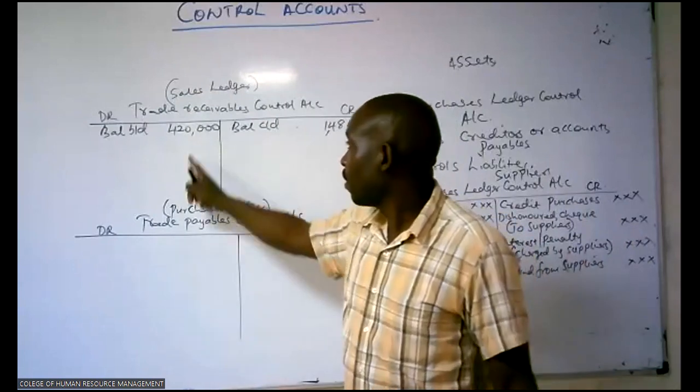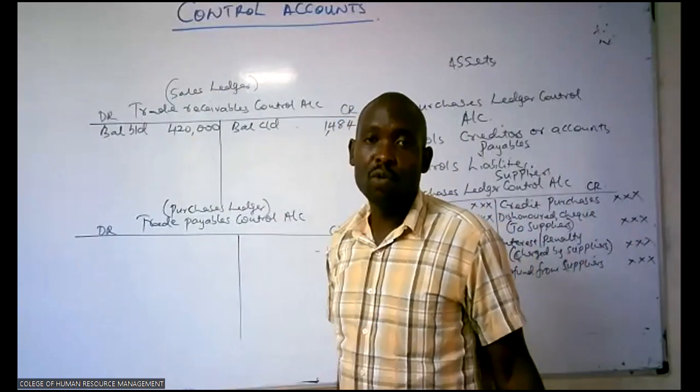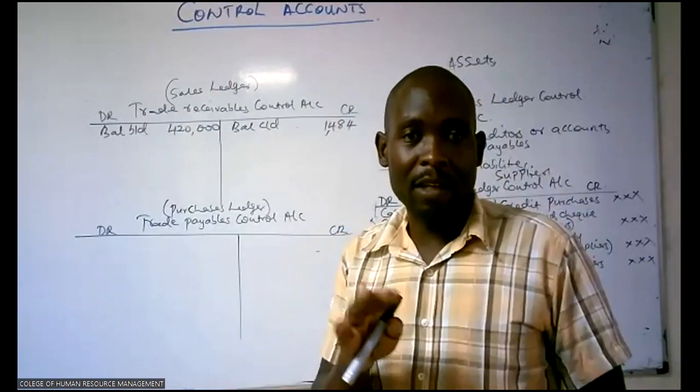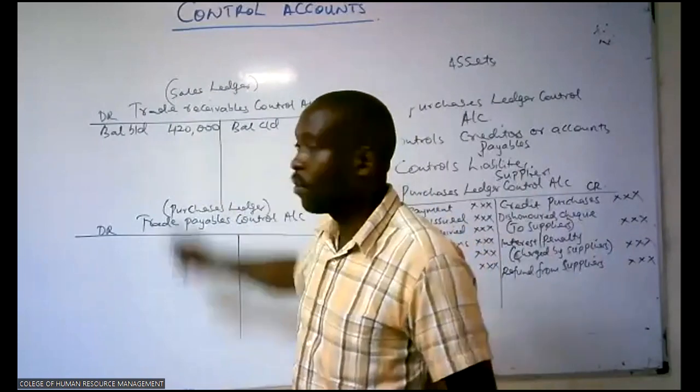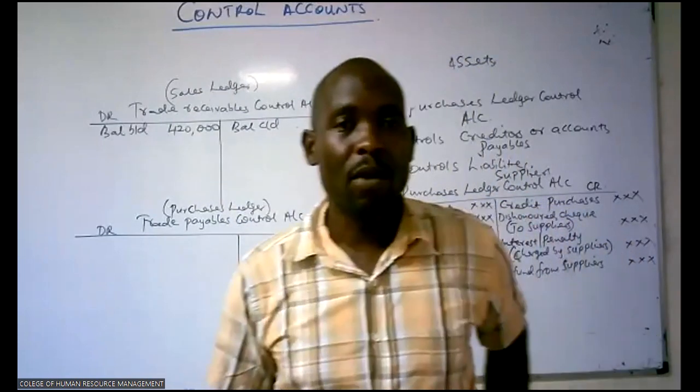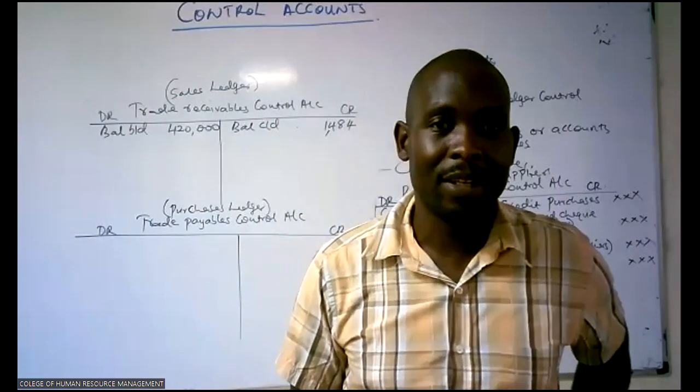The reason I'm saying that this one should always be there is because you can get a question whereby you are told the sales ledger balance at the start, they just give you 20,000, but they don't tell you whether it is a debit or credit. They just give you a figure and remain silent.